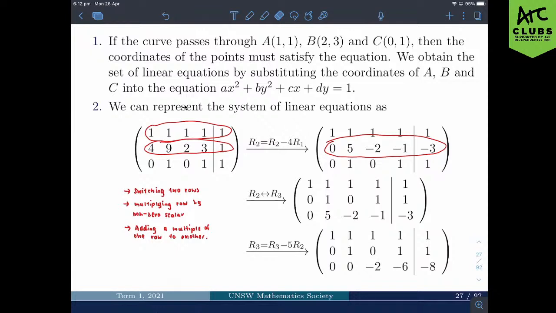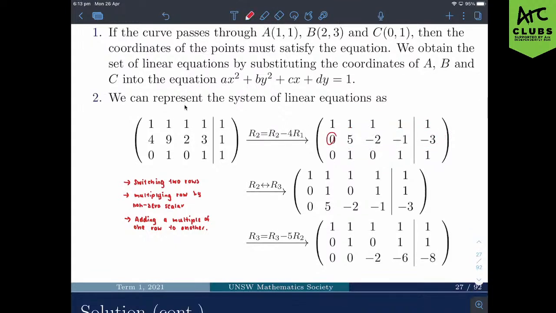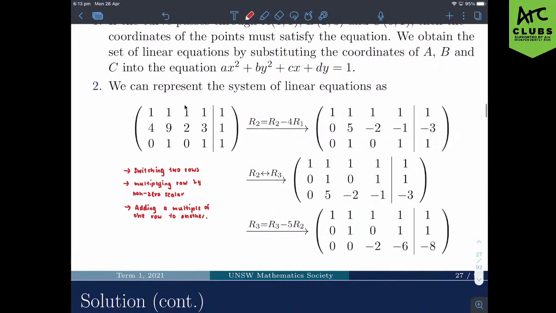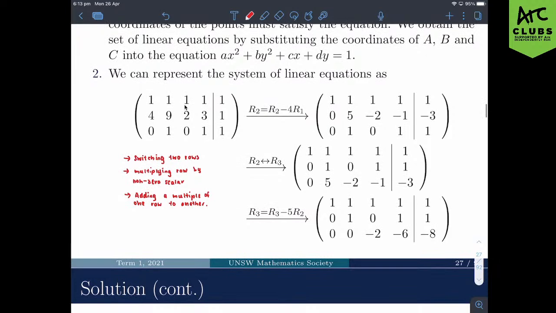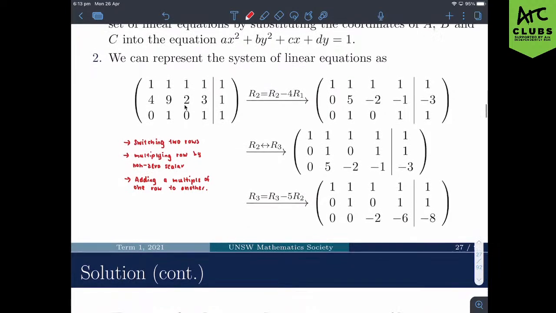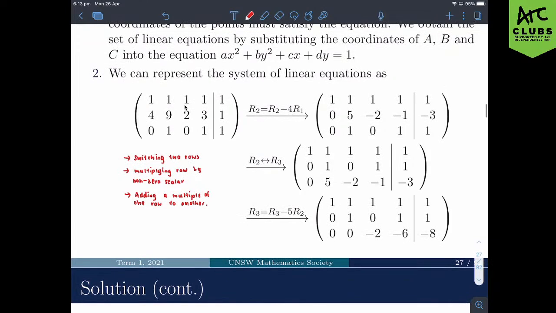So that's what the notation here is saying. And so now the term disappears, and to make our lives a bit easier, it's always nice to subtract a multiple of 1 from another row rather than subtracting a fraction. So I switched around rows 2 and 3, and then from there I subtracted 5 of row 2 from row 3 to get the matrix in row echelon form.